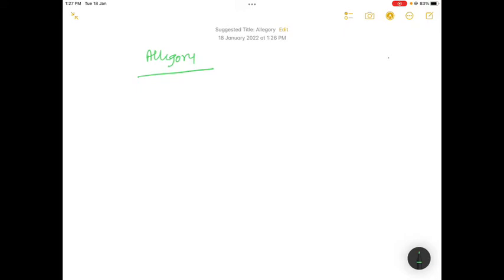So, an allegory is a story within a story. A story within a story. In linguistics, you will study two kinds of structures: deep structure and surface structure.